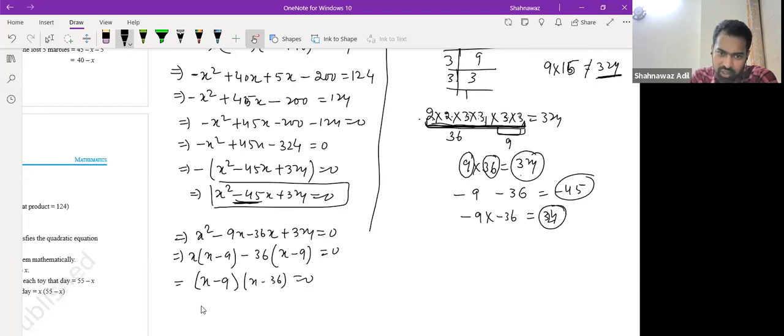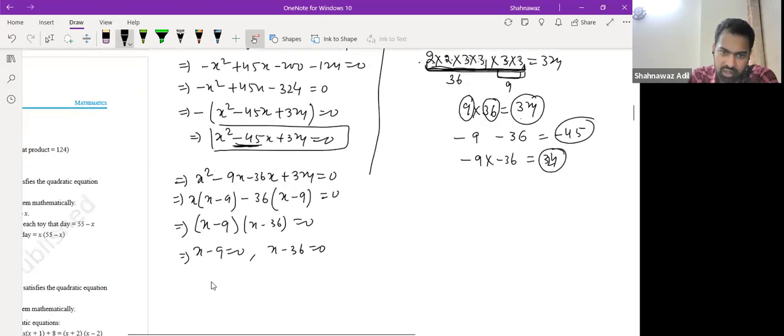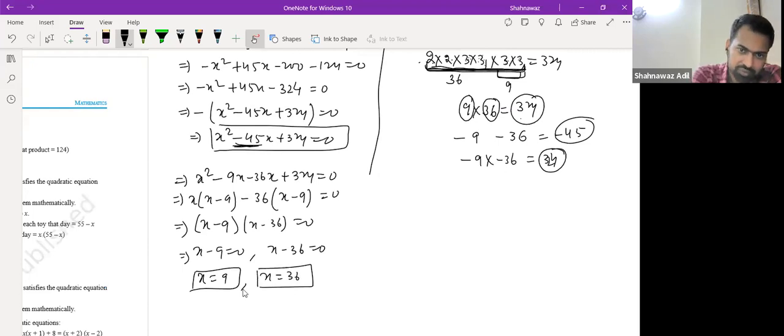One would be x minus 9 equals 0 and the other one would be x minus 36 equals 0. So this is x equals 9 and this is x equals 36. These are the two solutions.